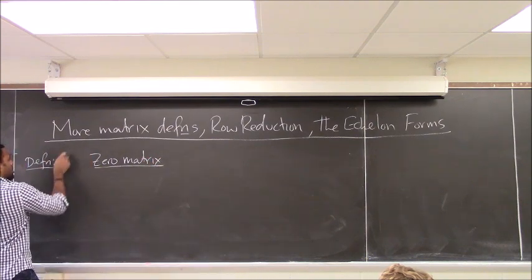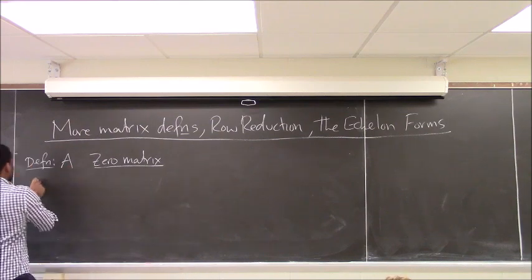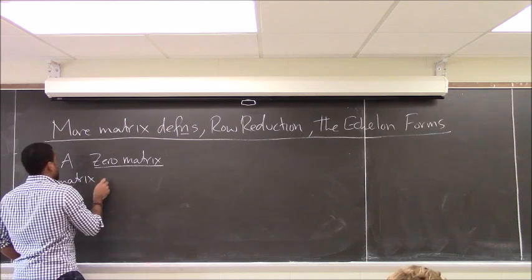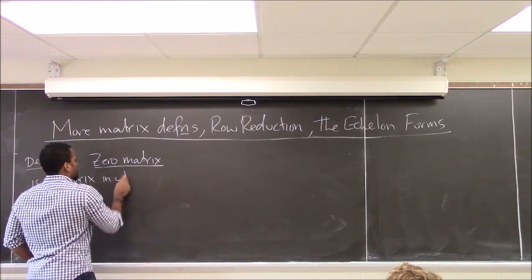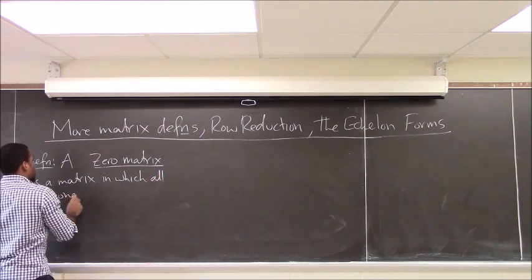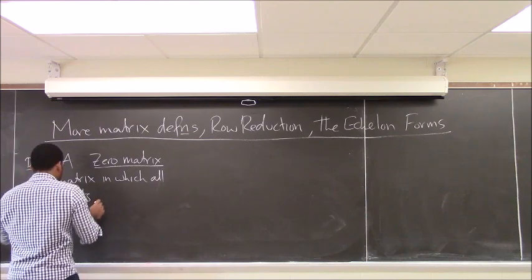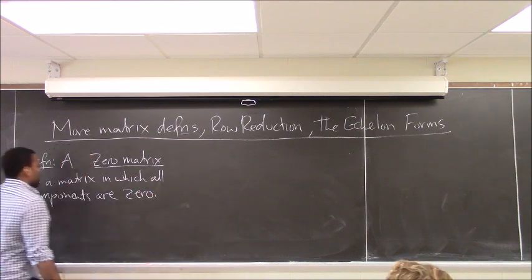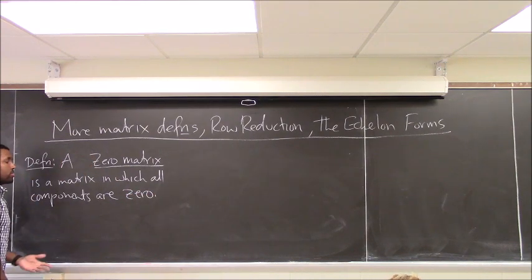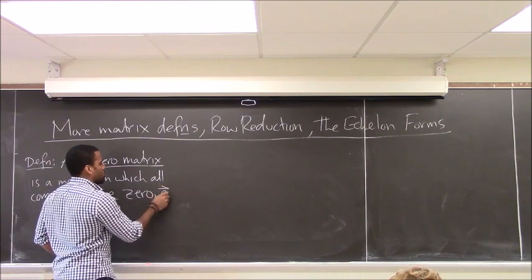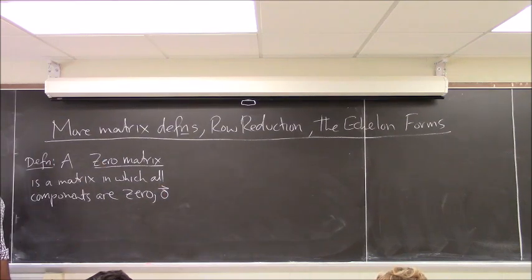Or I should say a zero matrix, because it depends on the size. That might seem obvious. There are contexts in which this is not true, but for this class, this is how we'll define a zero matrix. You can have zeros of any size. When the size is understood, I would tend to denote it with a 0 with a little vector arrow on top.